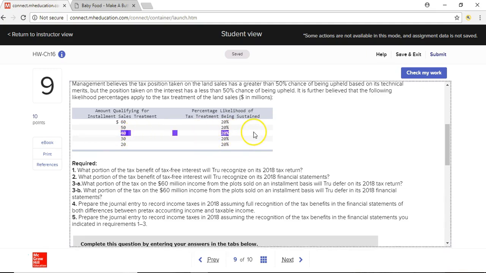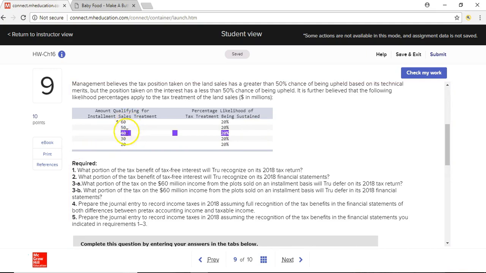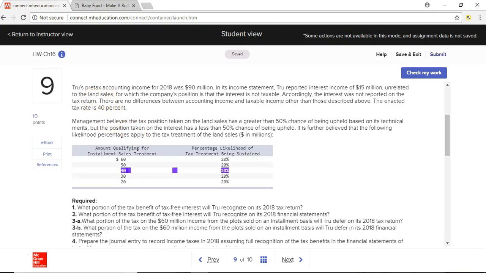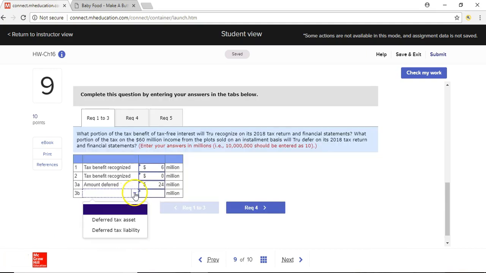That's when it exceeds 50% of likelihood. So 40 out of $60 million can be deferred. That's the tax benefit on financial statements. So 40 multiplied by the 40% tax rate, we will have a deferred tax liability of $16 million.